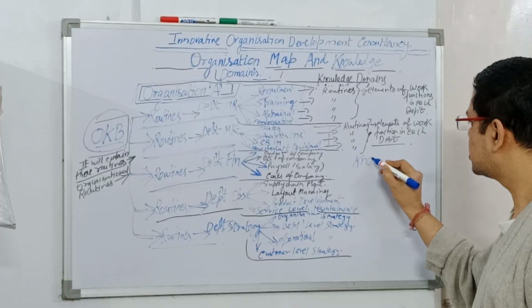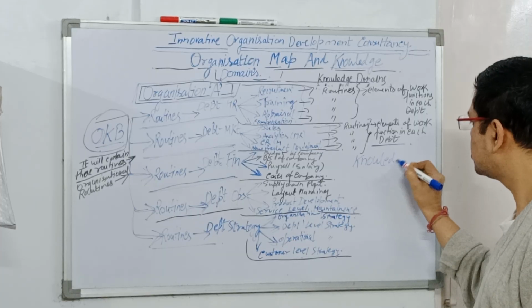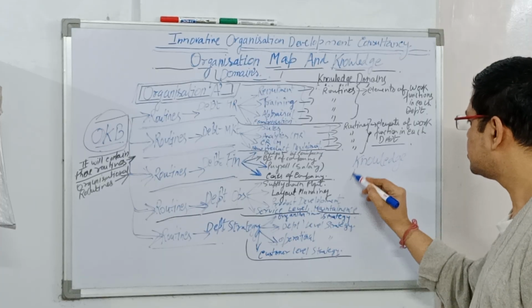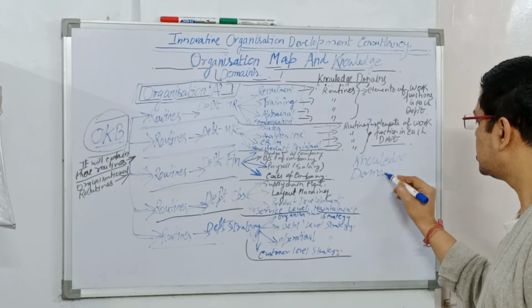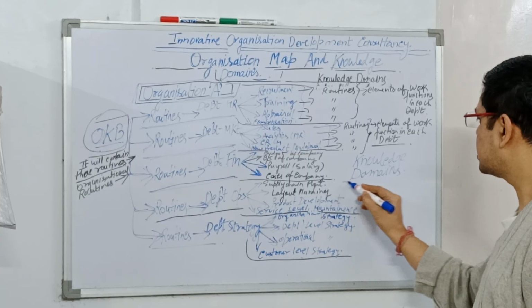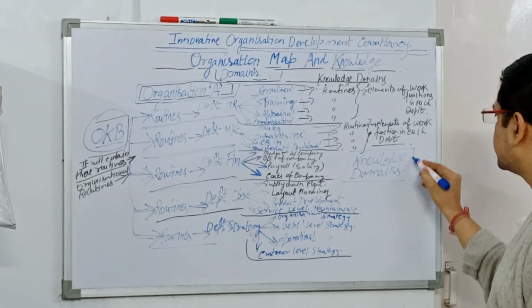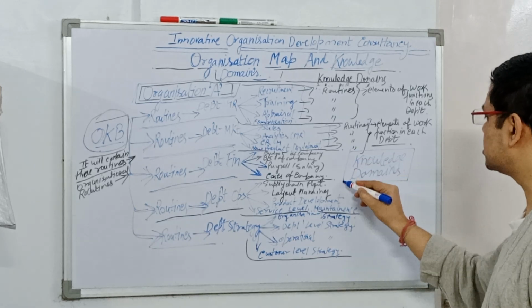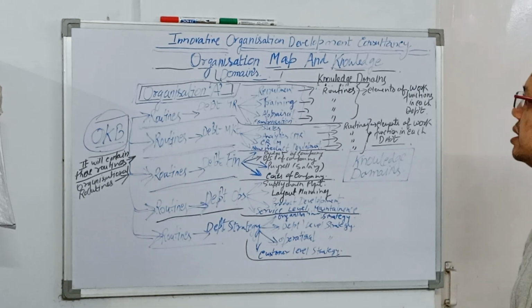Knowledge domains are the unit of consideration. Now, the next point of consideration: knowledge domains.